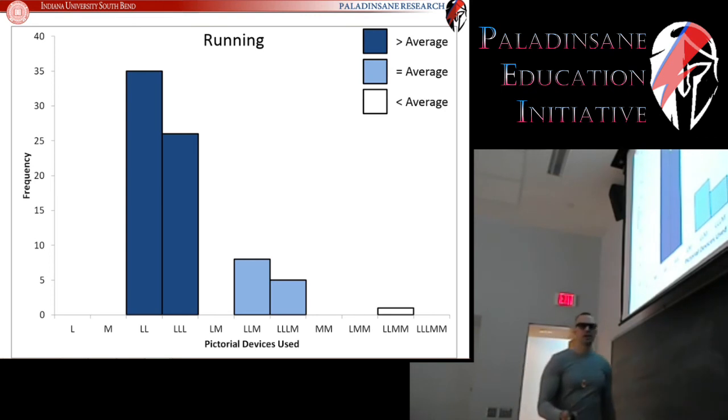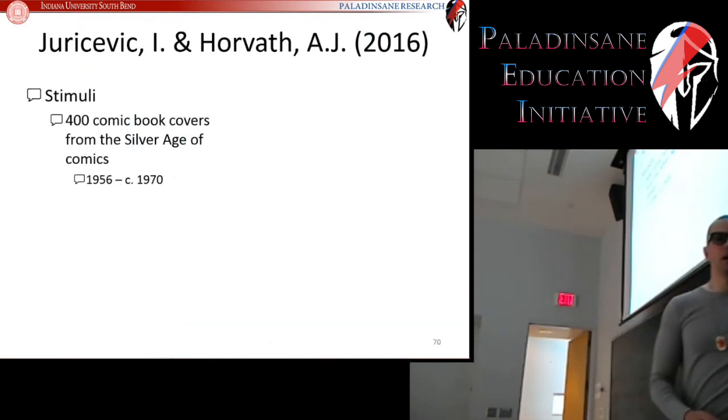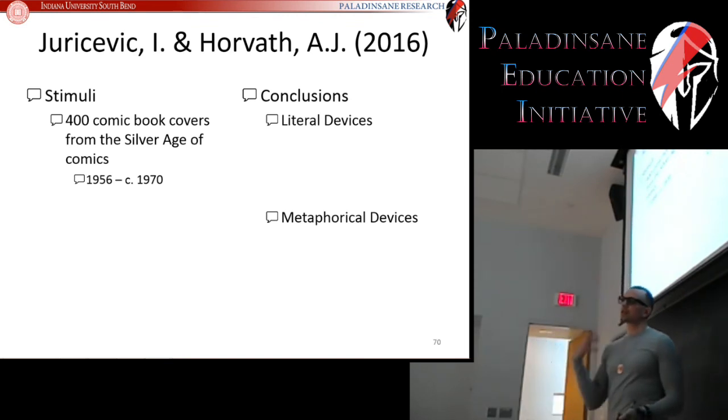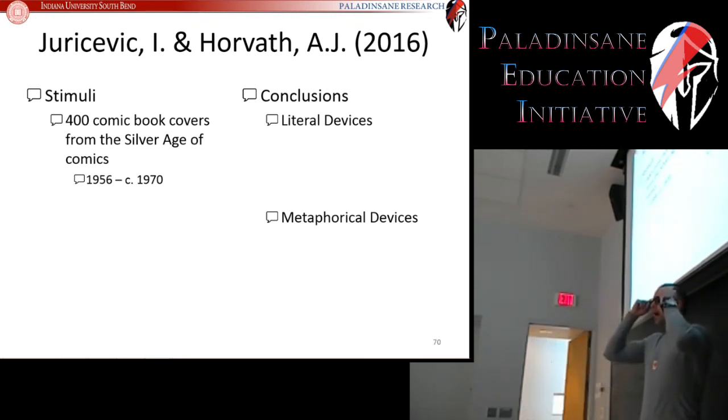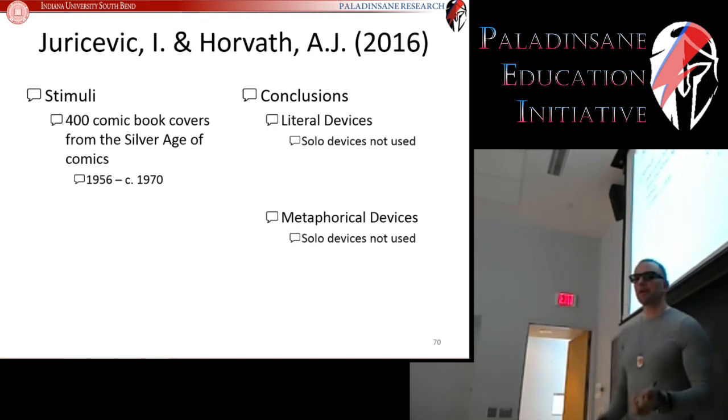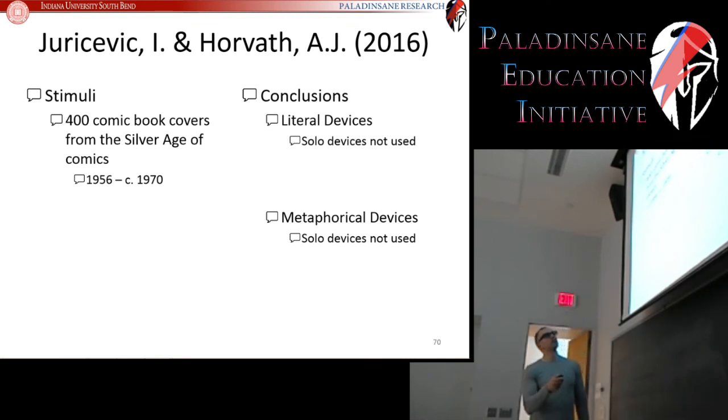So from this data, from this analysis, we came up with the idea of the way that our minds process these literal devices. So we have literal devices here, we got metaphorical devices here, and the way that our minds do this is we do not use solo devices.